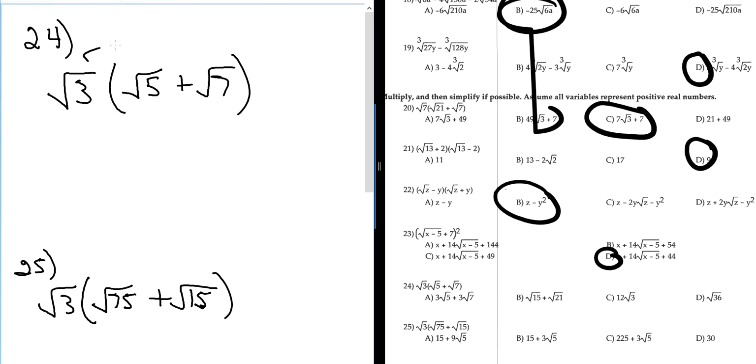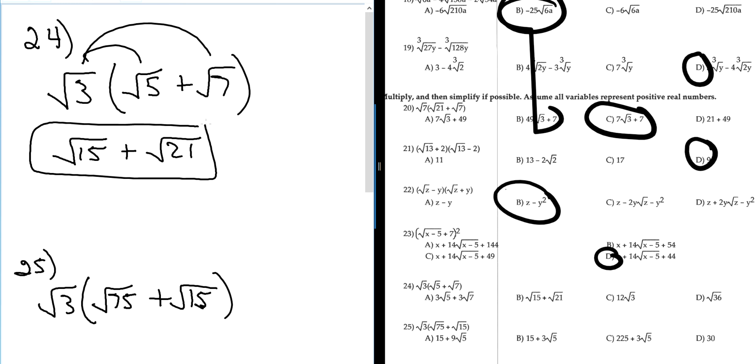I'm going to end up with square root of 15 plus 3 times 7, square root of 21. I can't simplify those, so that's my answer for number 24. And it looks like it is letter B.